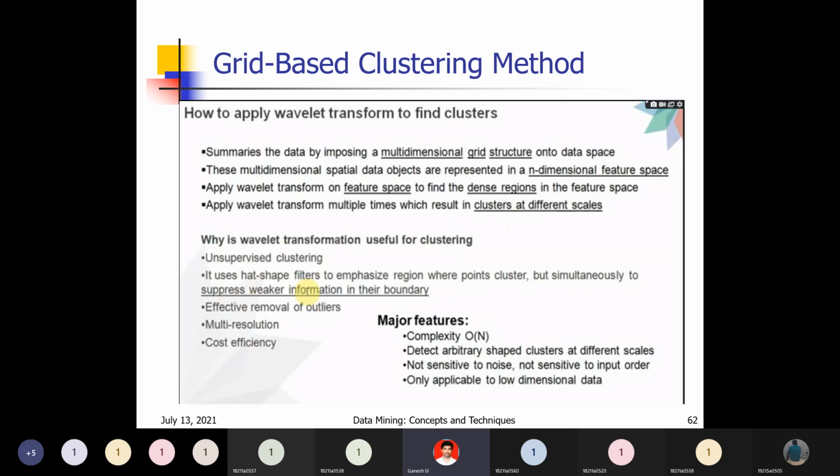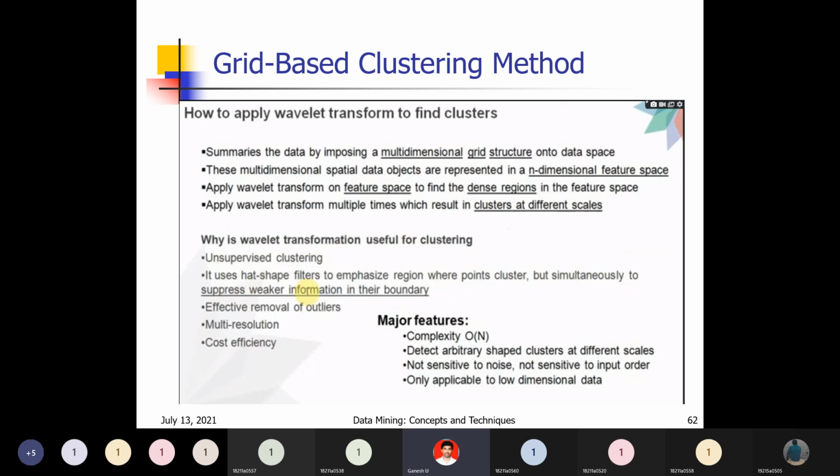It uses hat-shaped filters to emphasize the region where points cluster, but simultaneously to suppress weaker information in the boundary. In the boundary, you have lower y values. For example, for x values from 1 to 10, the y value is 0.